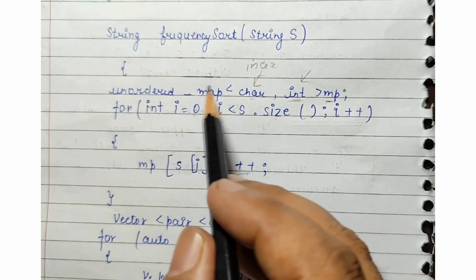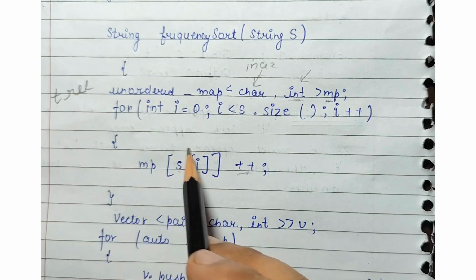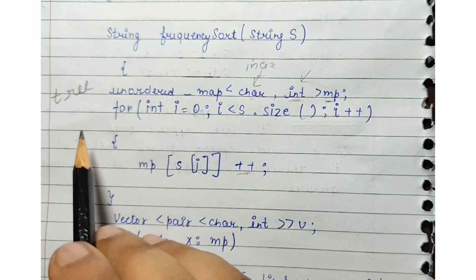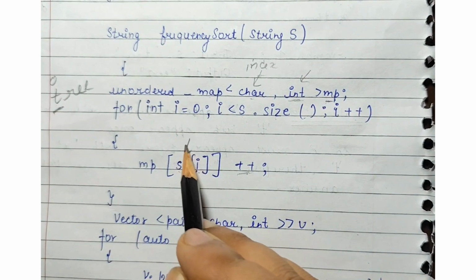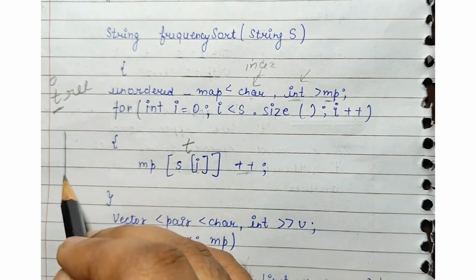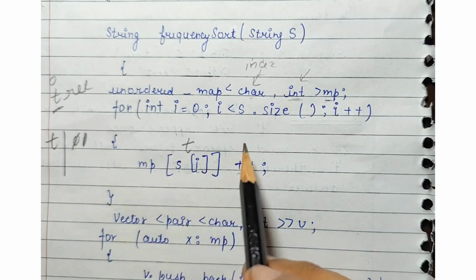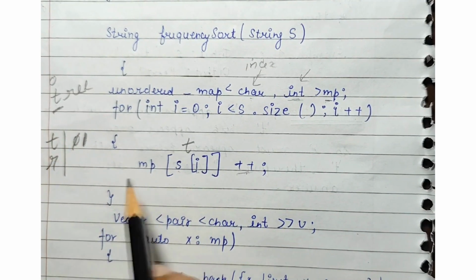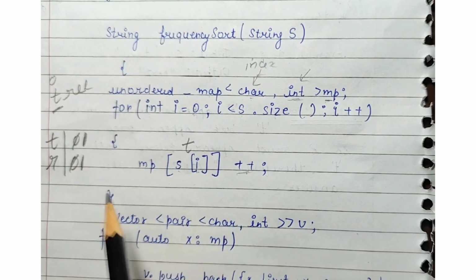Suppose the input string is tree. First t will come, so s of 0 is t, and the value at t is updated with 1. After this r will come, updated with 1.